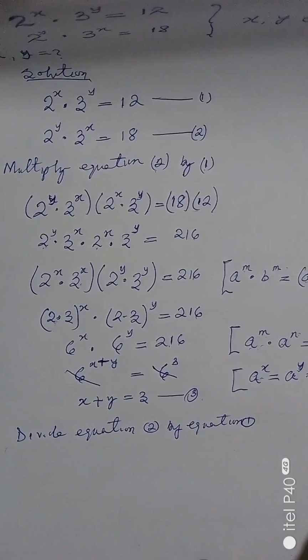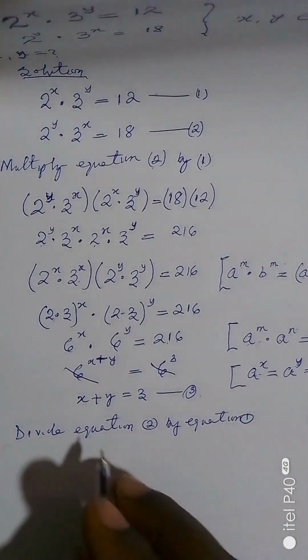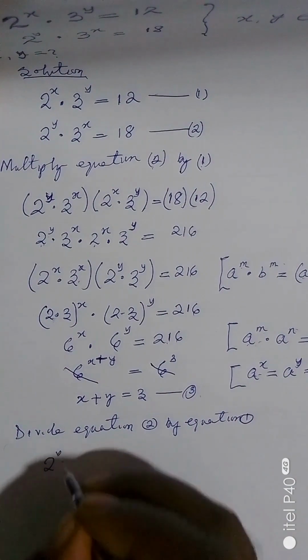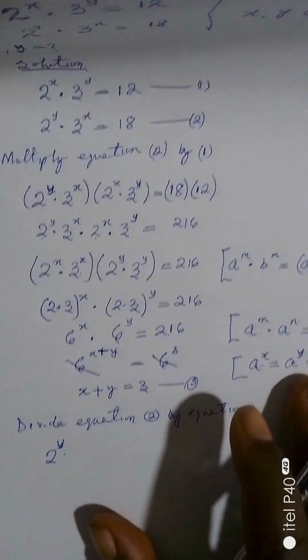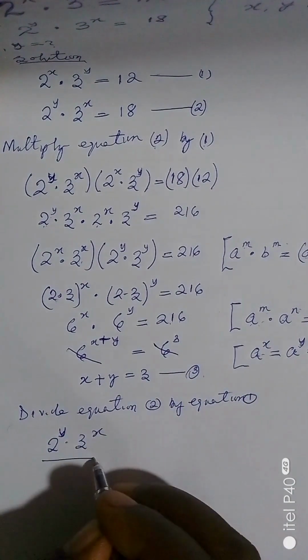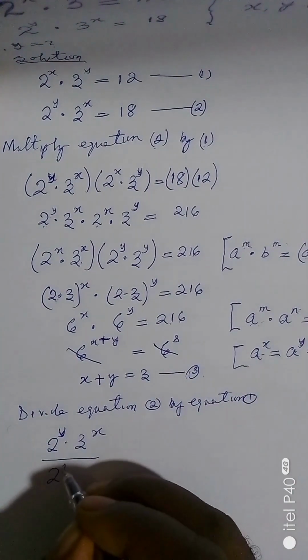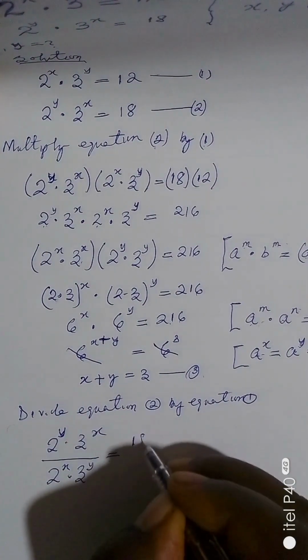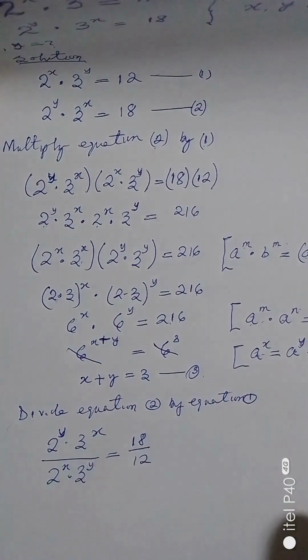Once we divide equation 2 by equation 1, this is what we're going to get: 2 to the power of y dot 3 to the power of x all over 2 to the power of x dot 3 to the power of y equal to 18 all over 12.